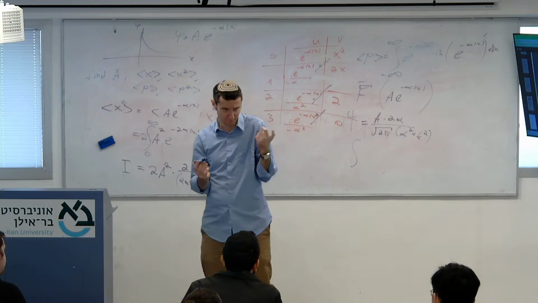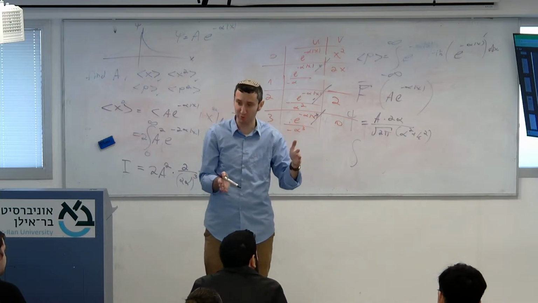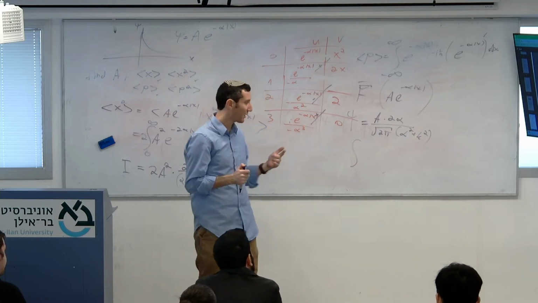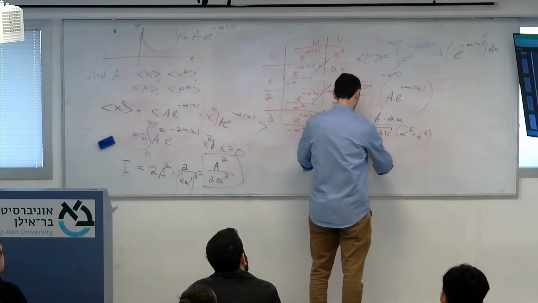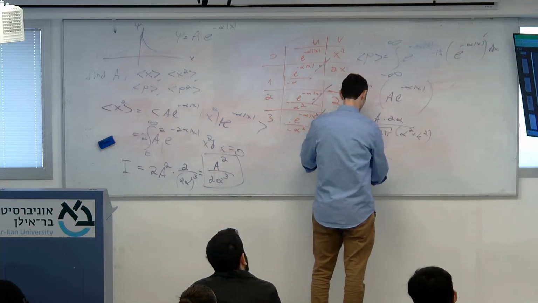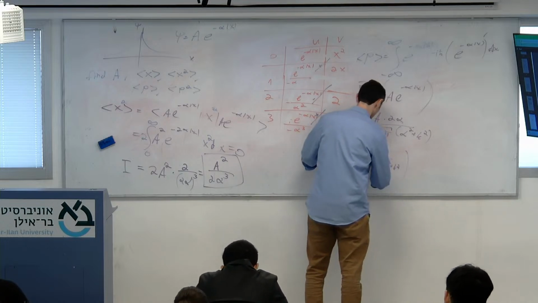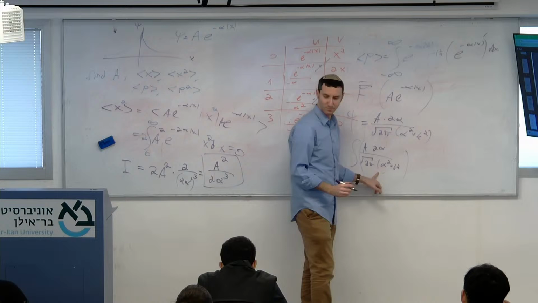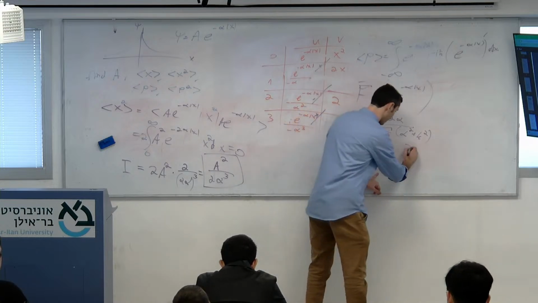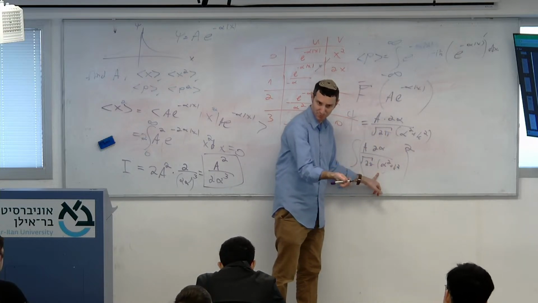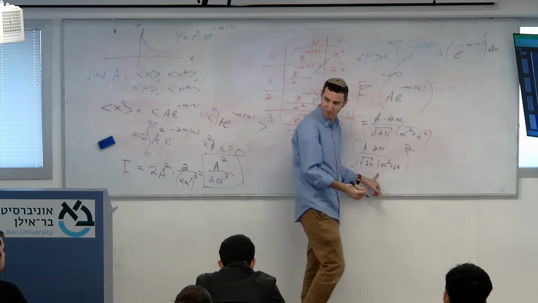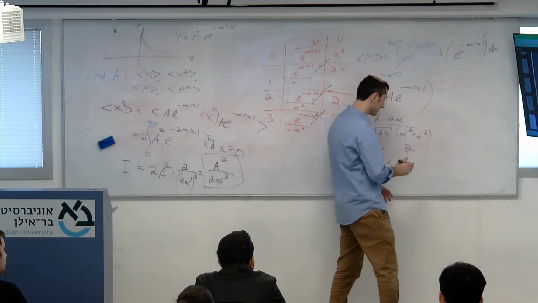It's not going to be the derivative, it's going to be p because we just moved to the momentum space. So I do 2 alpha over root of 2 pi, alpha squared plus k squared, all this squared now because we're doing psi squared times p. What is p? P is h bar k, right?